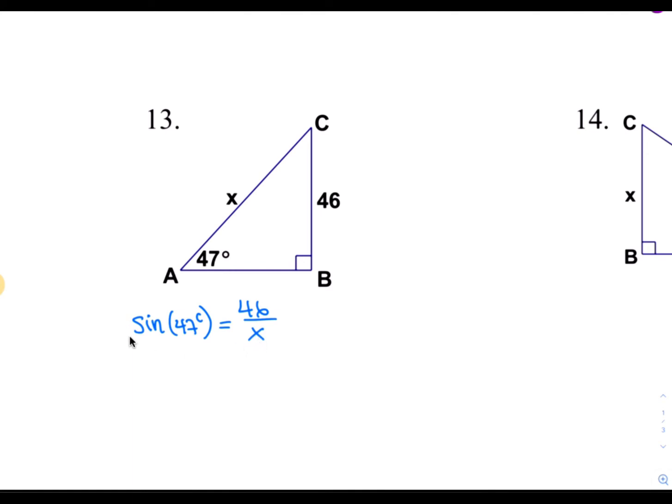After multiplying by x and then dividing by the sine, it becomes x is equal to 46 divided by the sine of 47 degrees. And then we put this in the calculator. And so we calculate x to be 46 divided by the sine of 47, which is 62.897.